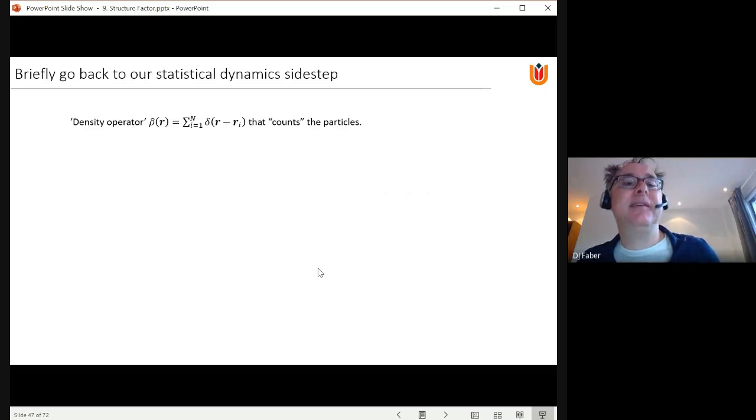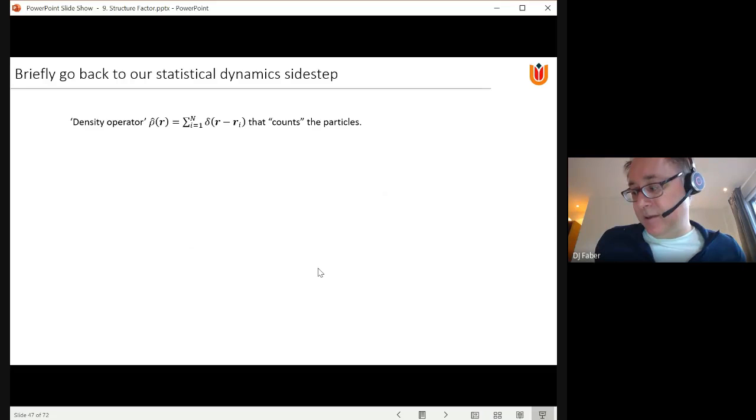So to see that, we can briefly go back to this description of the pair correlation function. But first, define an operator, a density operator, which is a little bit of a strange way of putting it, but that's how it's defined, which essentially counts the particles. So it is a sum of delta functions.